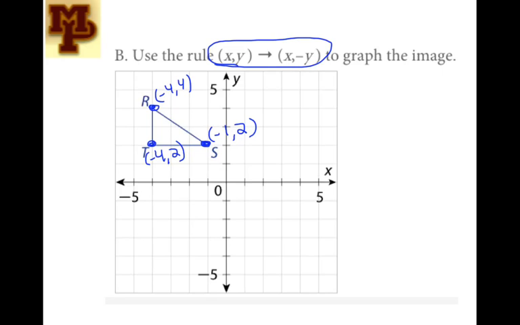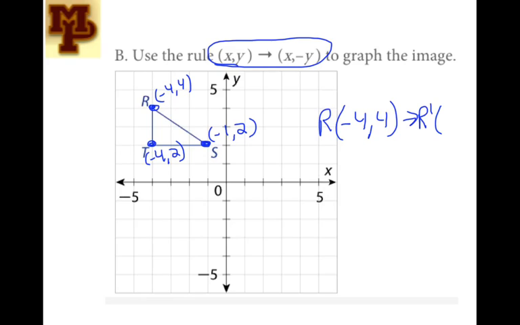Okay, so you want to get a sketch of that. And then let's show a little work here. So let's say that r is negative 4, 4, and it's going to become r prime.